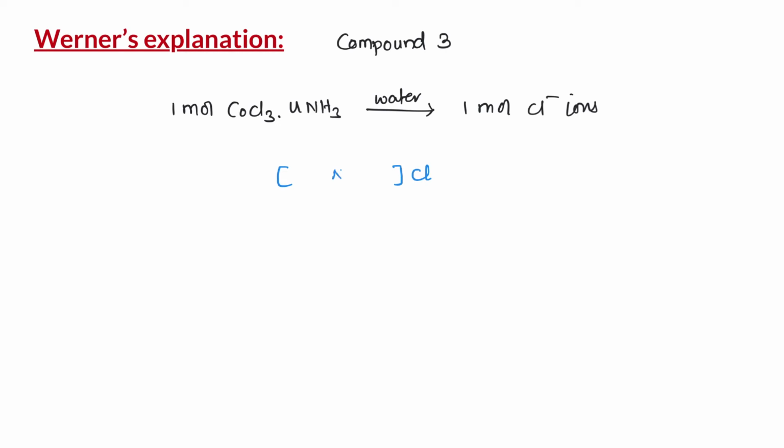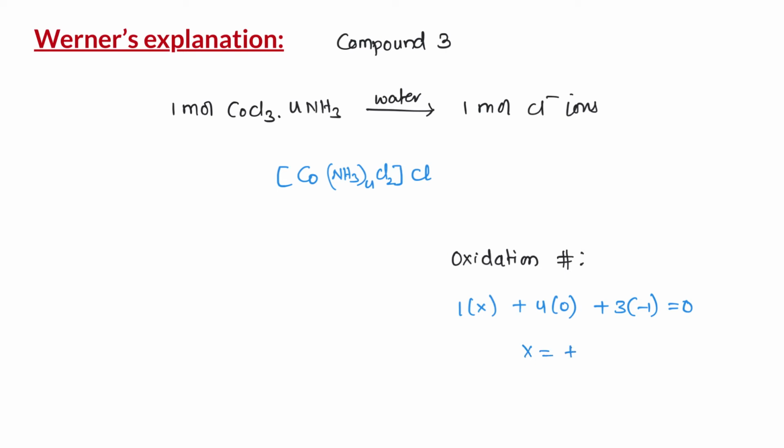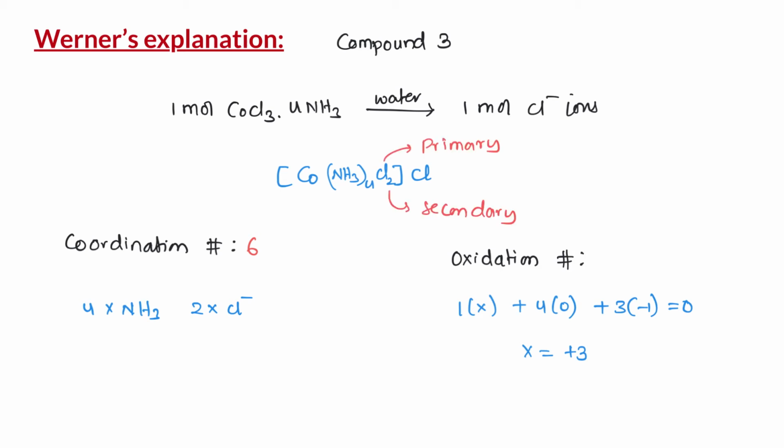The 4 ammonias and the remaining 2 chlorines act as secondary valences, and along with the metal Co should be inside the square bracket. The oxidation number of cobalt can be calculated like before. It comes out to be +3. Again, the coordination number of cobalt 3+ is 6. The 2 chlorines inside the square bracket act both as primary valence and secondary valence.